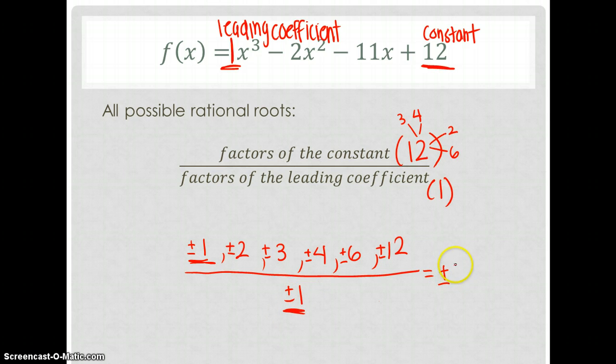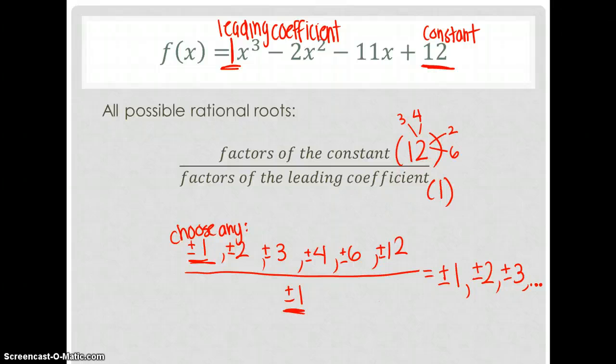Well, that could be, so I could have plus or minus 1, because I'm dividing by 1 here, so this is a division. You're taking any one of these numbers, choose any of the numerator, and choose it in any combination with the denominator, and our denominator is a little bit simple here, but that's how you choose your different possibilities. So in this case, we have 12 different possibilities for numbers it could be.